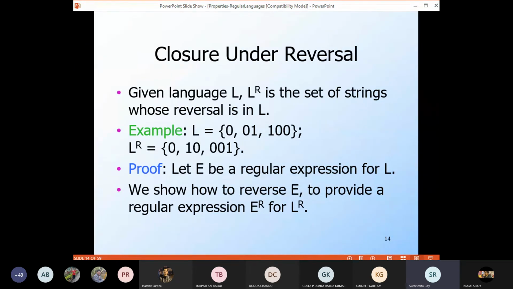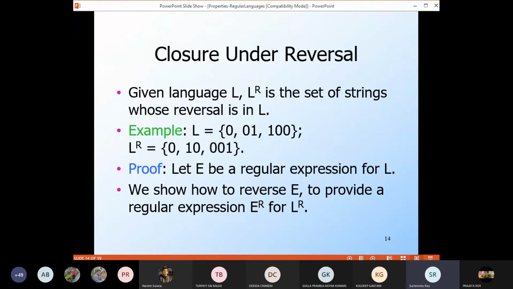Reversal, how do you define the reversal operation? The reversal of a given language or a given regular set is, see, this regular set is nothing but a collection of strings.